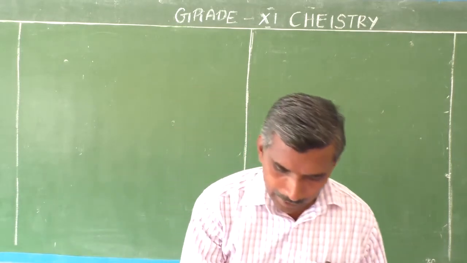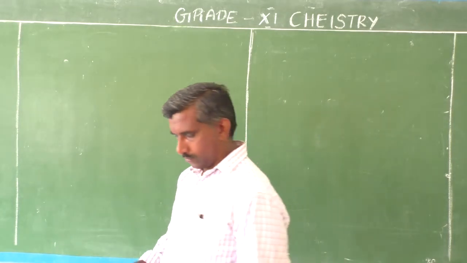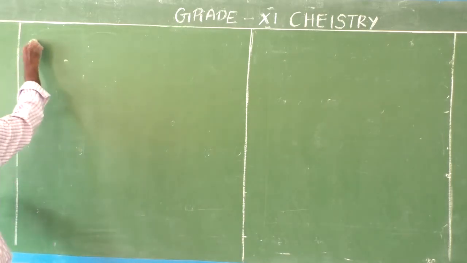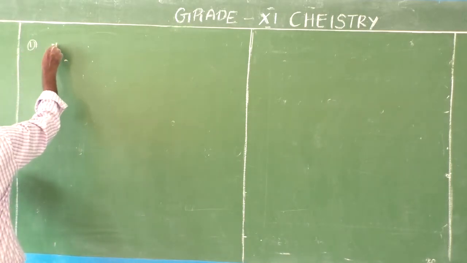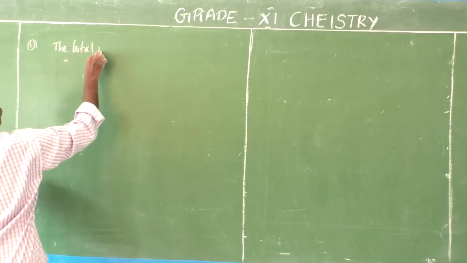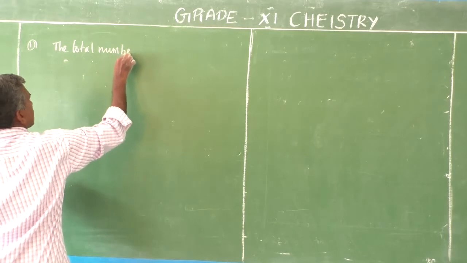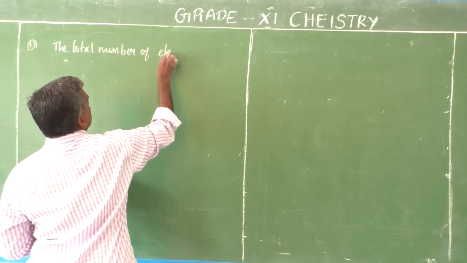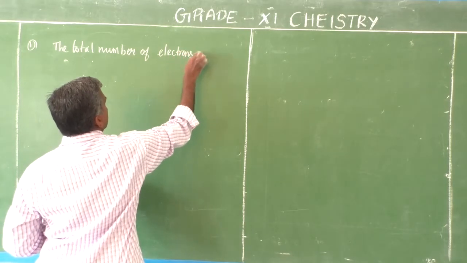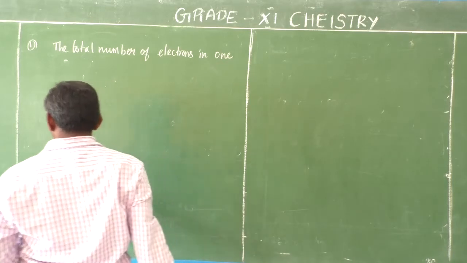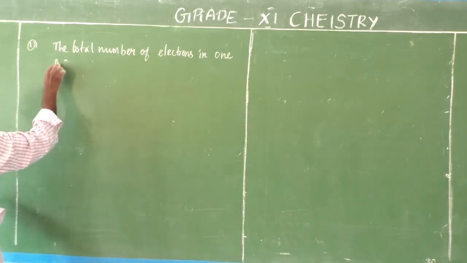MCQ question and IIT question. This is an IIT question. Question number 1: total number of electrons in one molecule of carbon dioxide.